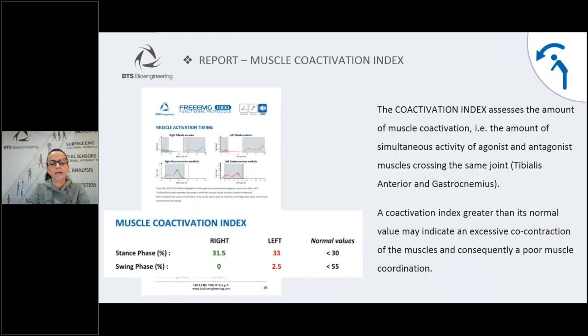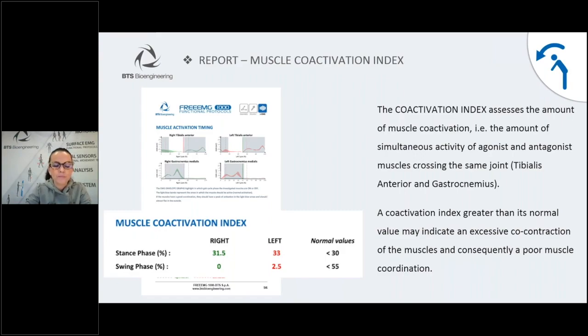In the event that the muscle setup is freely chosen by the user, the final clinical report is exactly the same as that illustrated now, except the calculation of the coactivation index, which is not executed.